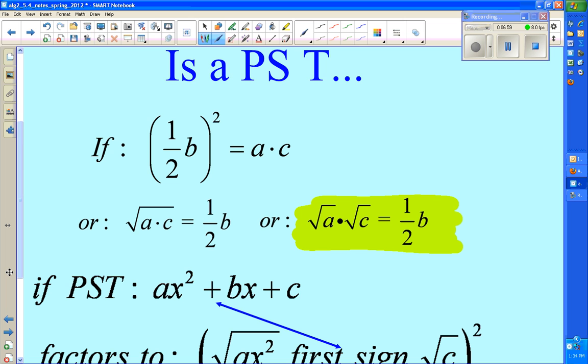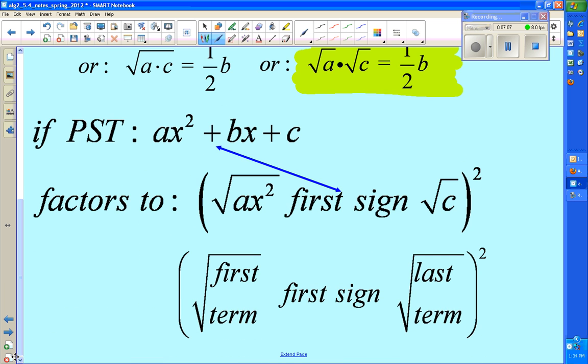Take the square root of a times the square root of c, and as long as you get half of b, you're good to go. And then the factoring is really easy if you get a yes. Square root of ax squared, that's the first term. Whatever the first sign is goes in between, and whatever c is, take the square root of that, wrap it, and square it.